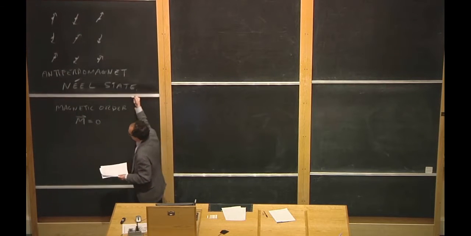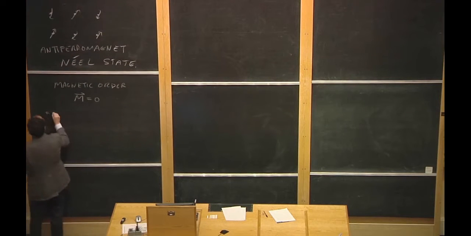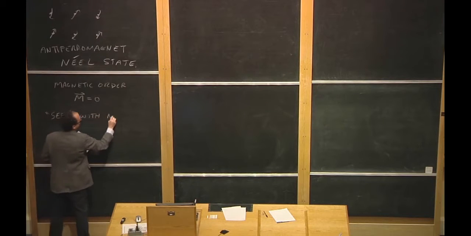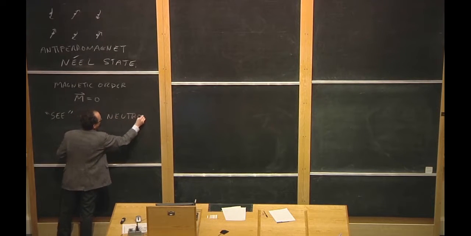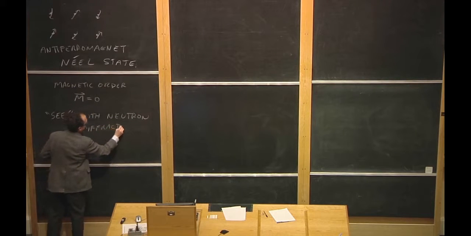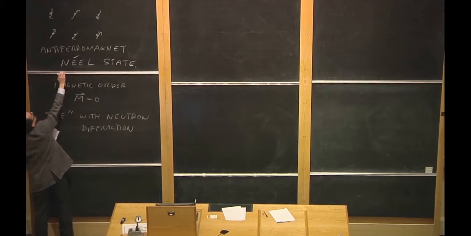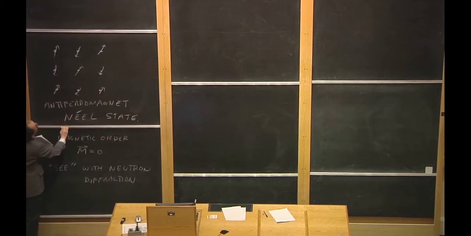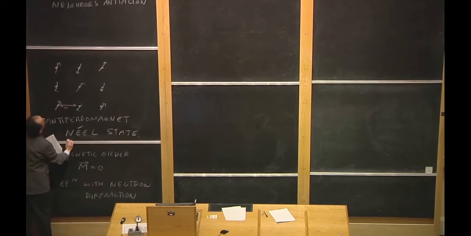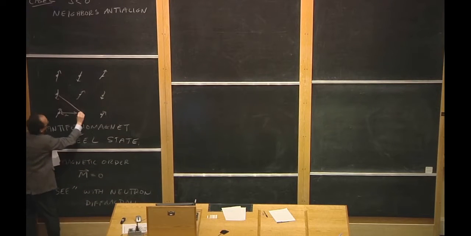So let me make sure you can write that down. You can see with neutron scattering, or neutron diffraction, I guess we should call it. So the elementary lattice constant here might be a, but the neutrons actually see a lattice constant which is this big.